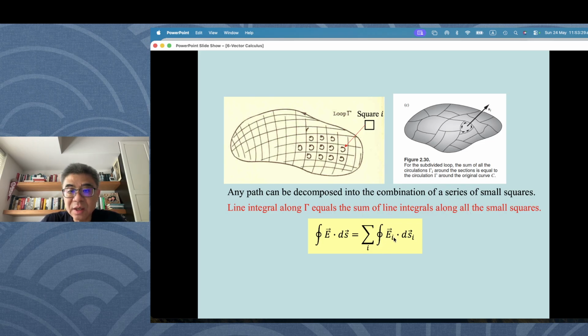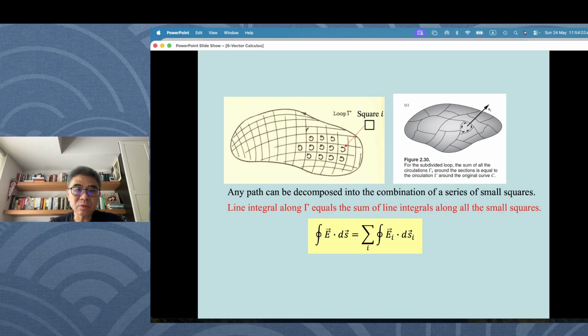As I say here, E_i is the electric field on the i-th square. ds is the path or the edge of this small square, and then you do the line integral on this small square and add them up. It will be equal to the line integral across the whole loop. Again, because of all the overlapping paths, the contributions will cancel each other.